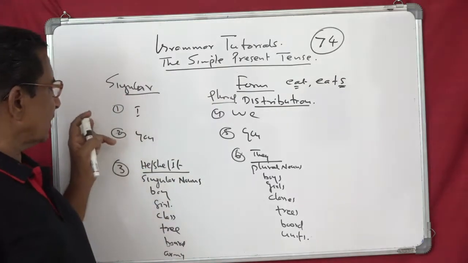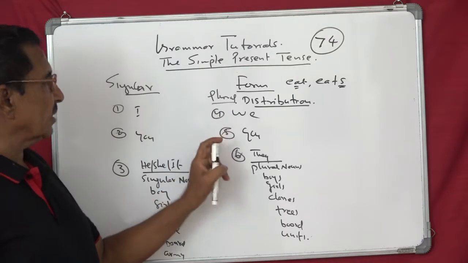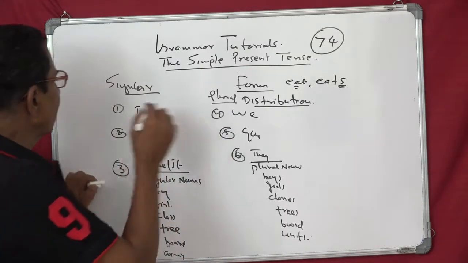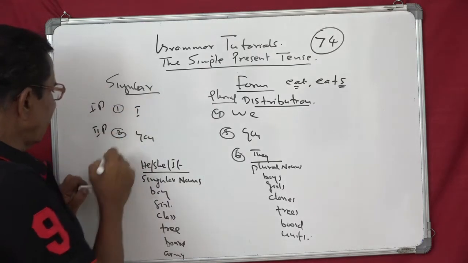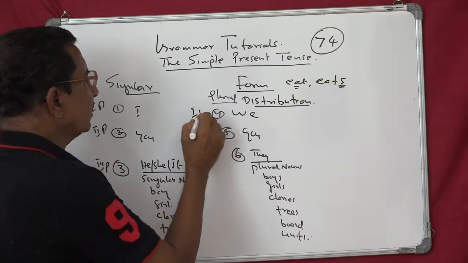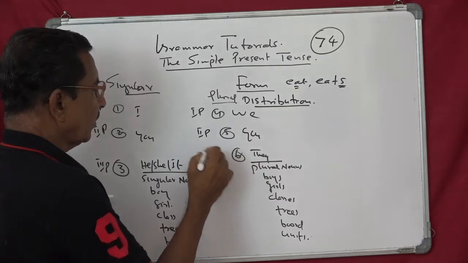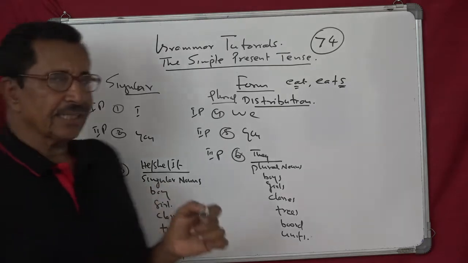First person singular, second person singular, third person singular. Then first person plural, second person plural, and third person plural. Clear? Plural, singular.